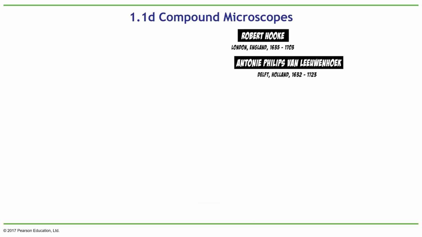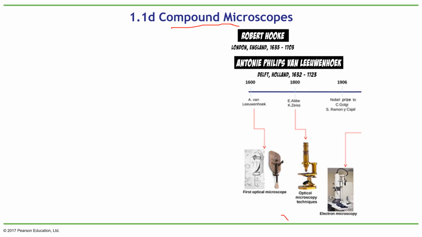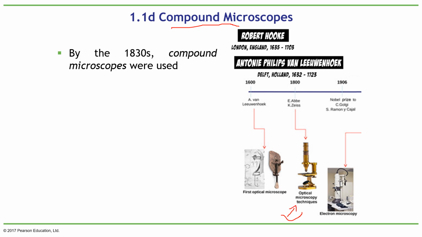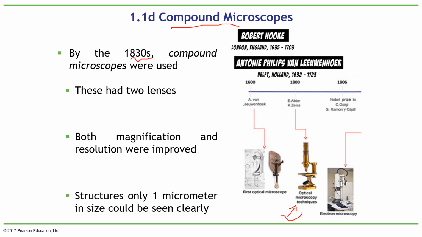So to finish this section, we're going to talk about the first type of microscope that we still use, the compound microscope. There are different types, but by 1830 they became common everywhere, and they have two lenses that allow improvement of resolution and magnification, and they were able to observe even structures of 1 micrometer.